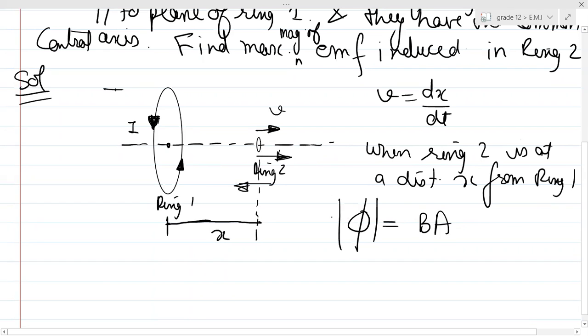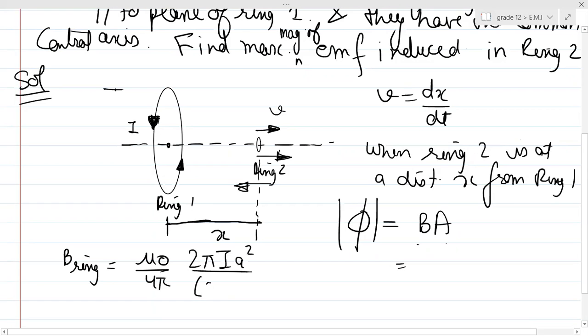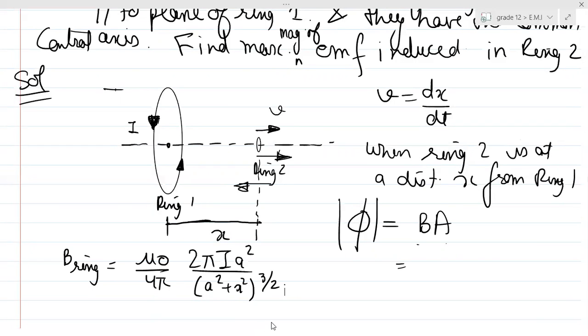If I just talk about the magnitude, it will be B into A, right? B is the magnetic field due to a ring at a distance x. If everyone remembers this formula: mu naught by 4 pi, twice of pi I a square upon a square plus x square to the power 3 by 2. Yes or no, guys?